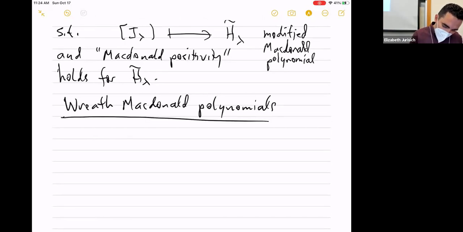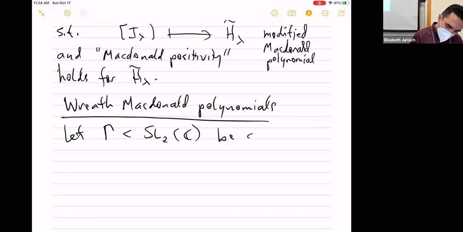Okay, so this has to do with wreath products and the McKay correspondence. So, let Gamma be a finite subgroup of SL2(C).